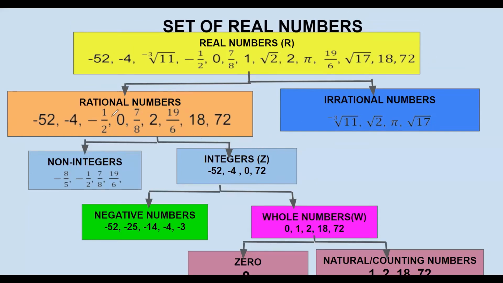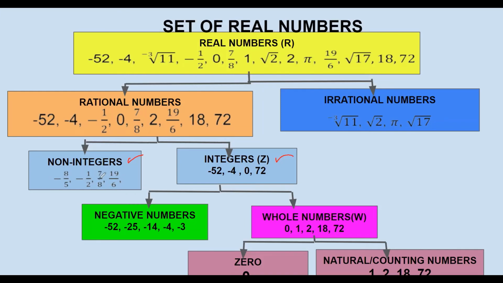So, we have here the examples of rational numbers. And then, under irrational numbers, meron po tayong non-integers and also integers. So, kung napapansin natin dito, ang non-integers po ay yung mga fraction na may negative sign and also yung walang negative sign.